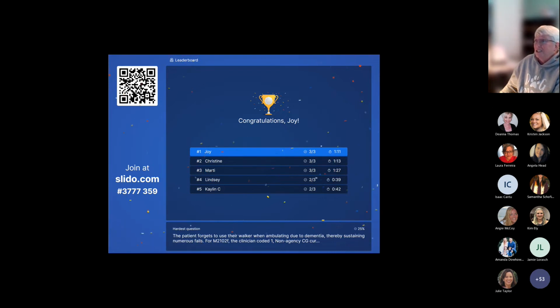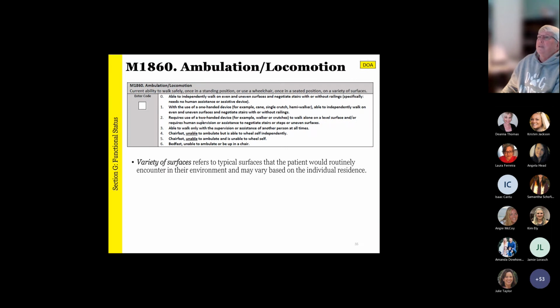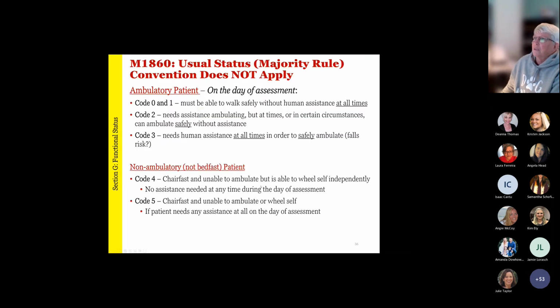But congratulations, Joy. All right, M1860, ambulation and locomotion, still here. So your ambulatory patient, code 0 and 1, 2 and 3 would be applicable. And just remember that code 2 says they need human assistance at all times in order to safely ambulate. Are they at falls risk?